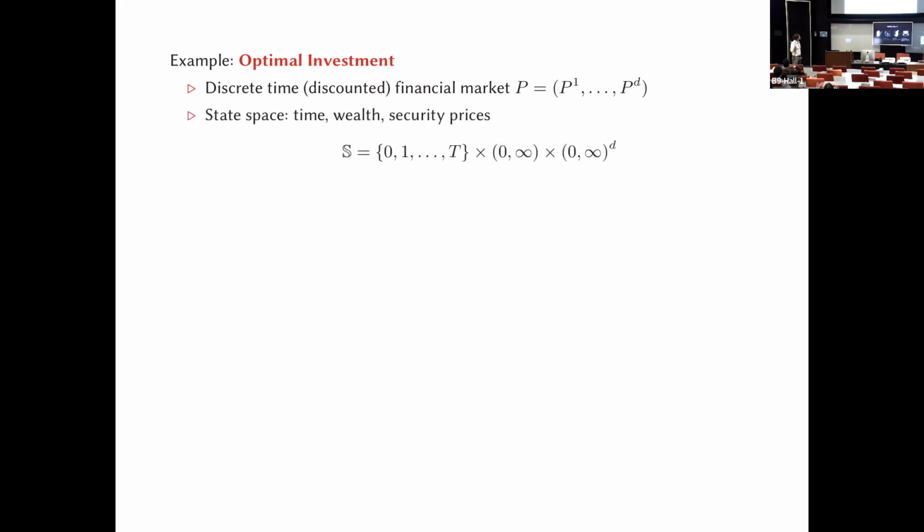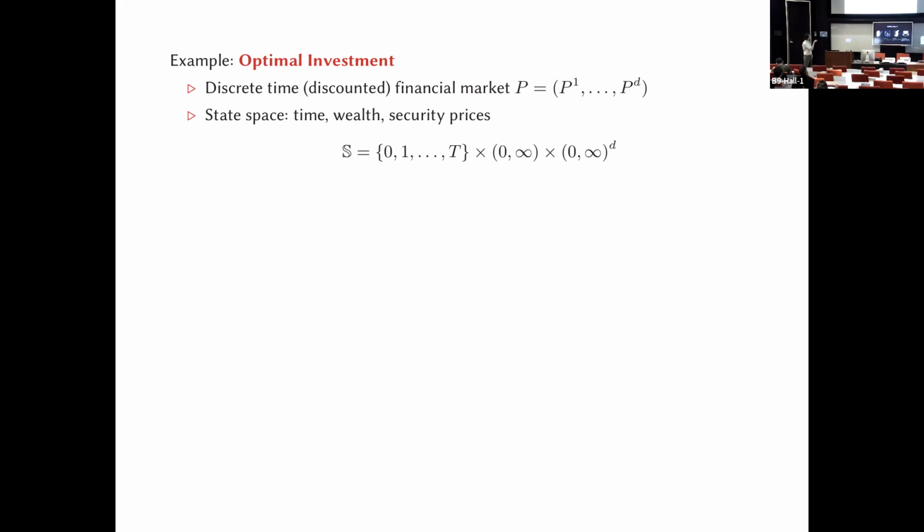Let's go ahead with an example in finance, optimal investment. I start with a nice financial market model, discrete time, d risky assets, could be any model you like. Then I have to think about what my state space is. Eventually I want to optimize my utility of wealth at some fixed point in the future, let's say at my retirement date.